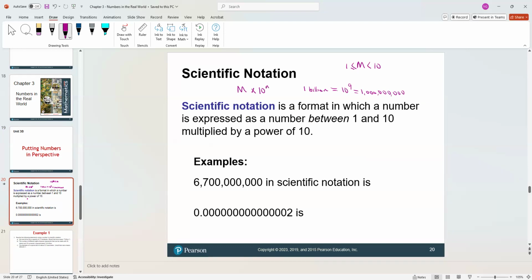If you want to write 6 billion, for example, that means 6 times, please put the multiplication sign like the cross, not x, 6 cross 10 power 9. You can write it in different ways, right? The same thing, but we're going to focus on scientific notation.